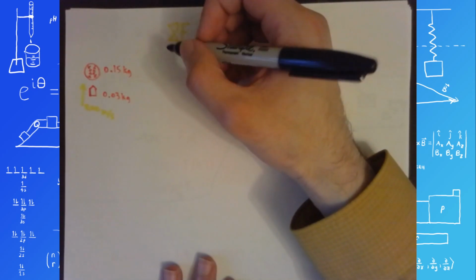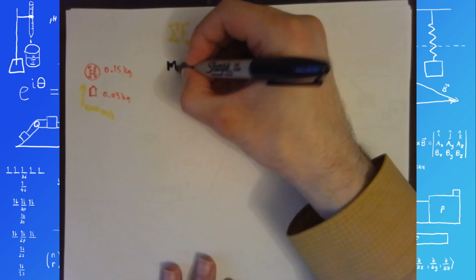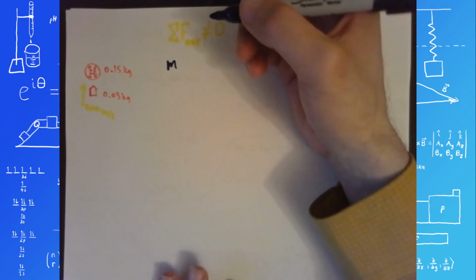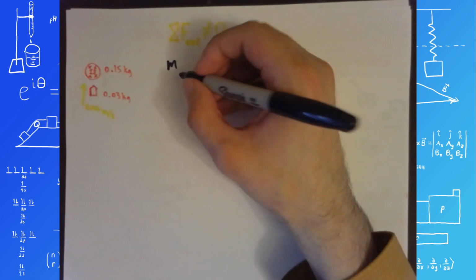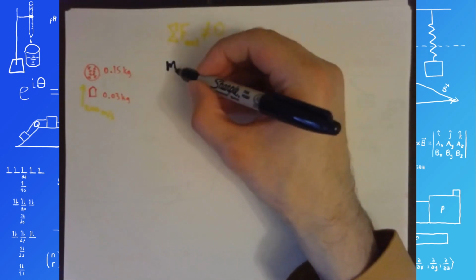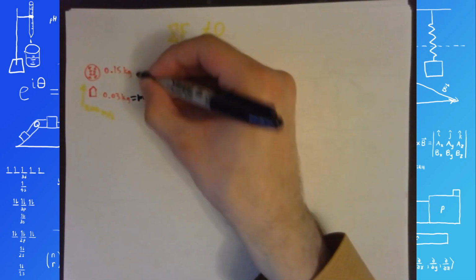So, all that being said, I'm just going to go with M1 and M2. I'm going to say that the bullet is M1 and the baseball is M2.